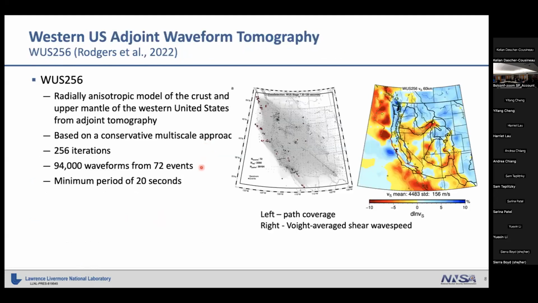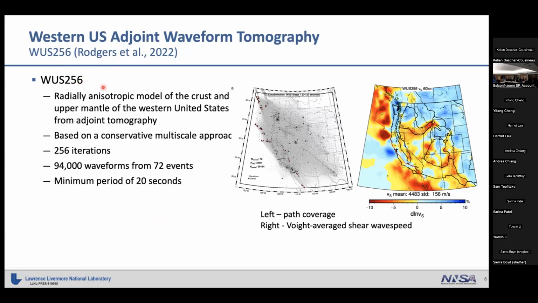I'll just quickly give a slide on the Western US 256 model. This was published this year in GRL. This is the Western US adjoint waveform tomography model that I'll be using to look at the source inversions, and how that compares to the routine traditional 1D methods that we use.